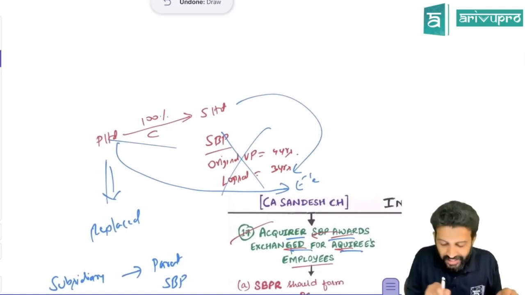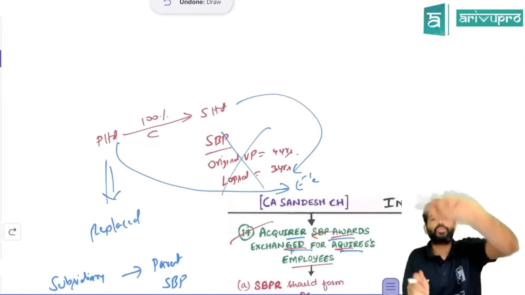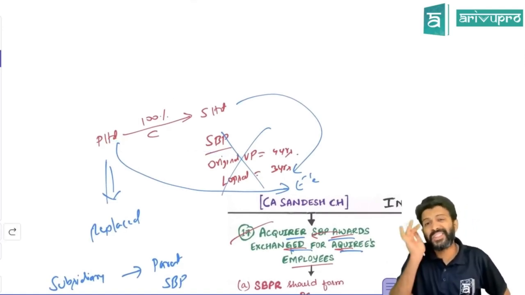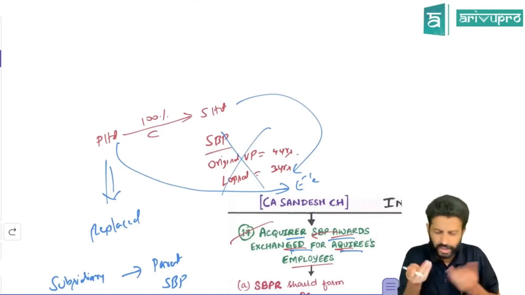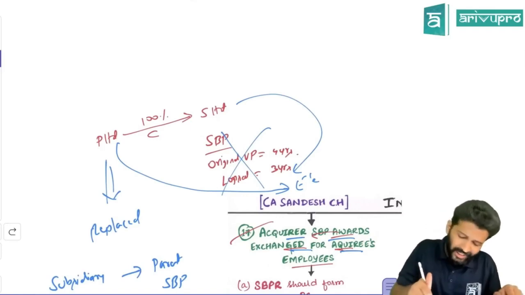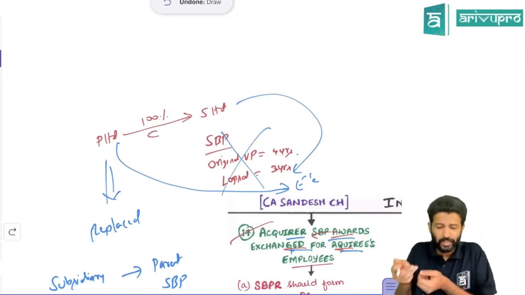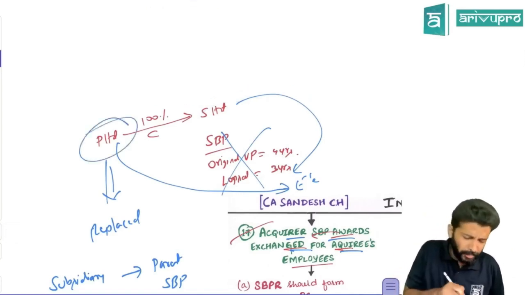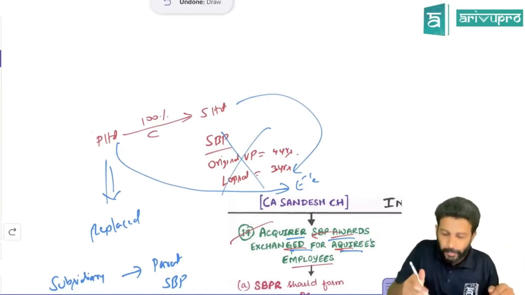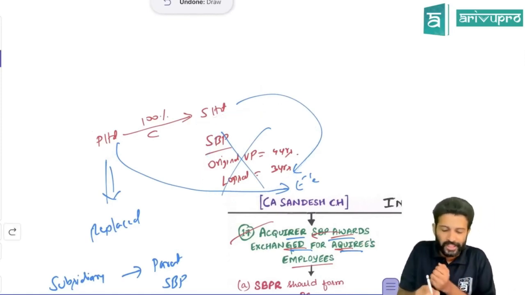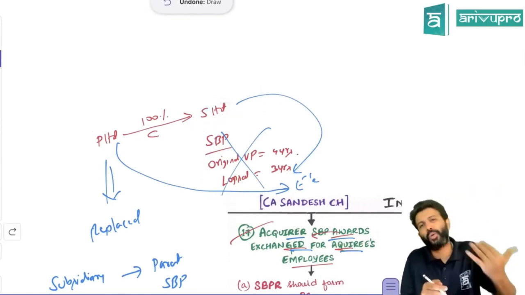So parent is giving its own shares to subsidiary's employees. So why do they do this? It depends, sir. Because if a subsidiary company has a share-based plan, the shares will be purchased by employees. Now parent may not want to dilute their control, because if the employees purchase S Limited's shares, P Limited's shareholding will get diluted.